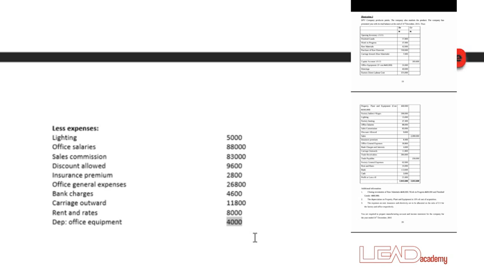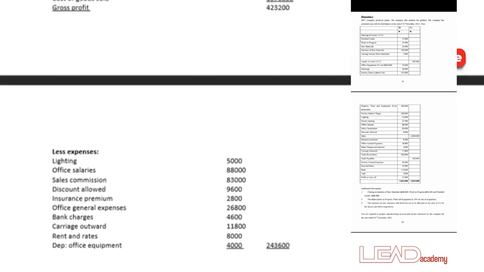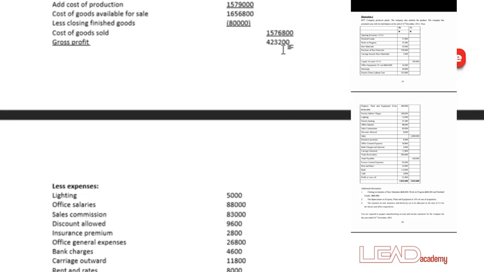Then when you add up these expenses, you are going to have a total expenses of 243,600. So you must subtract these expenses from gross profit, and you are going to have a net profit of 179,600.